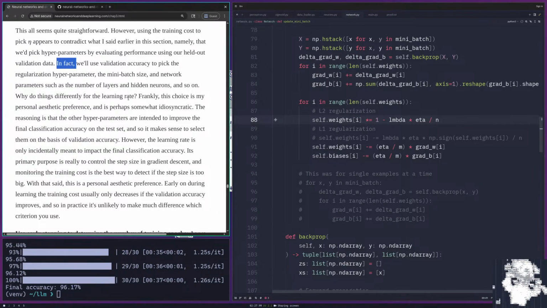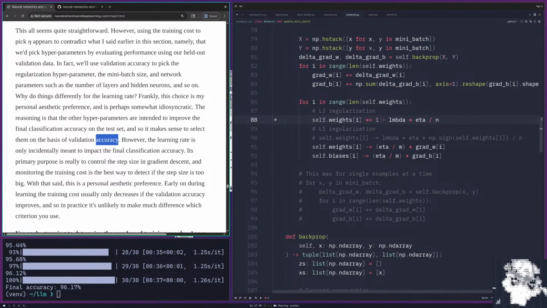Frankly, this choice is my personal aesthetic preference and is perhaps somewhat idiosyncratic. The reasoning is that the other hyperparameters are intended to improve the final classification accuracy on the test set, and so it makes sense to select them on the basis of validation accuracy. However, the learning rate is only incidentally meant to impact the final classification accuracy.